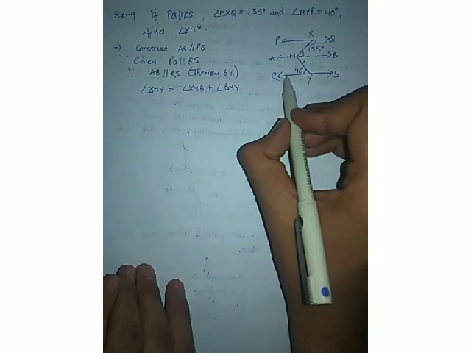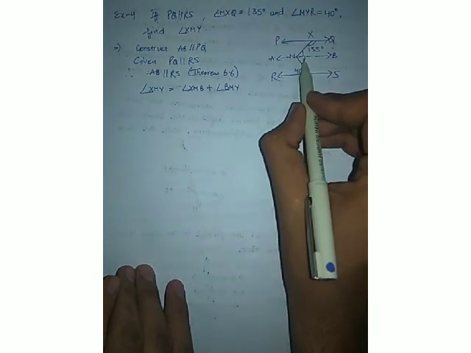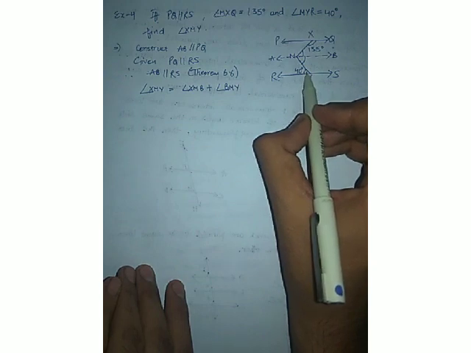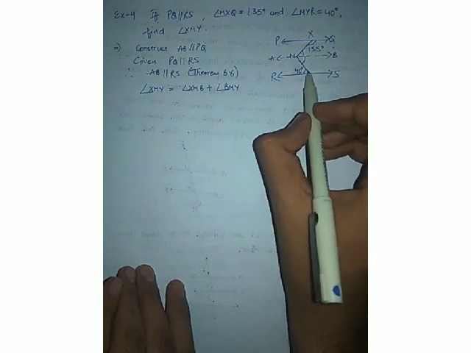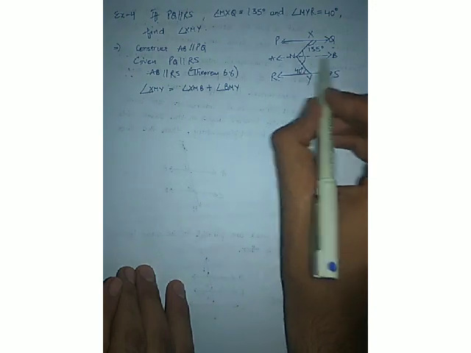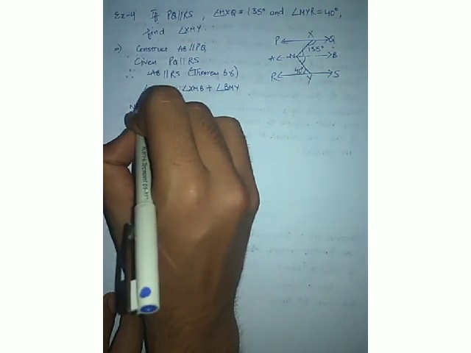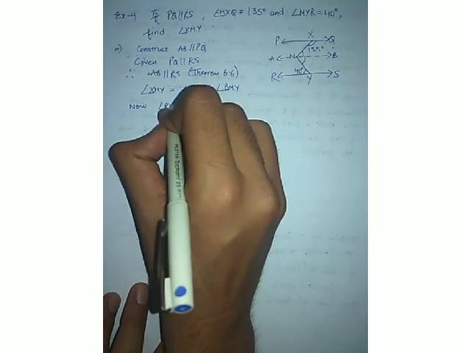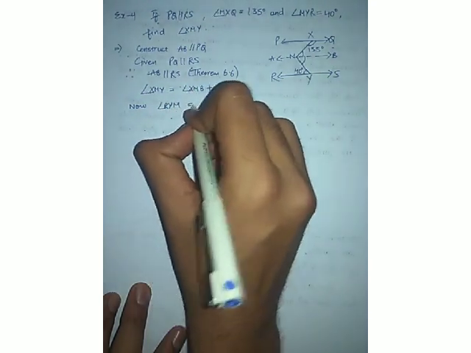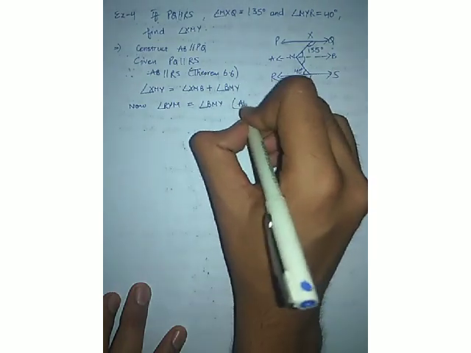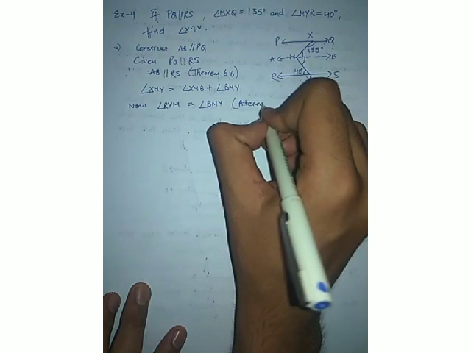It's very clear here that these two are alternate angles, and therefore these will be equal according to theorem 6.3. These two lines are also parallel, therefore these will be equal. Now angle RYM will be equal to angle BMY because these are alternate angles.